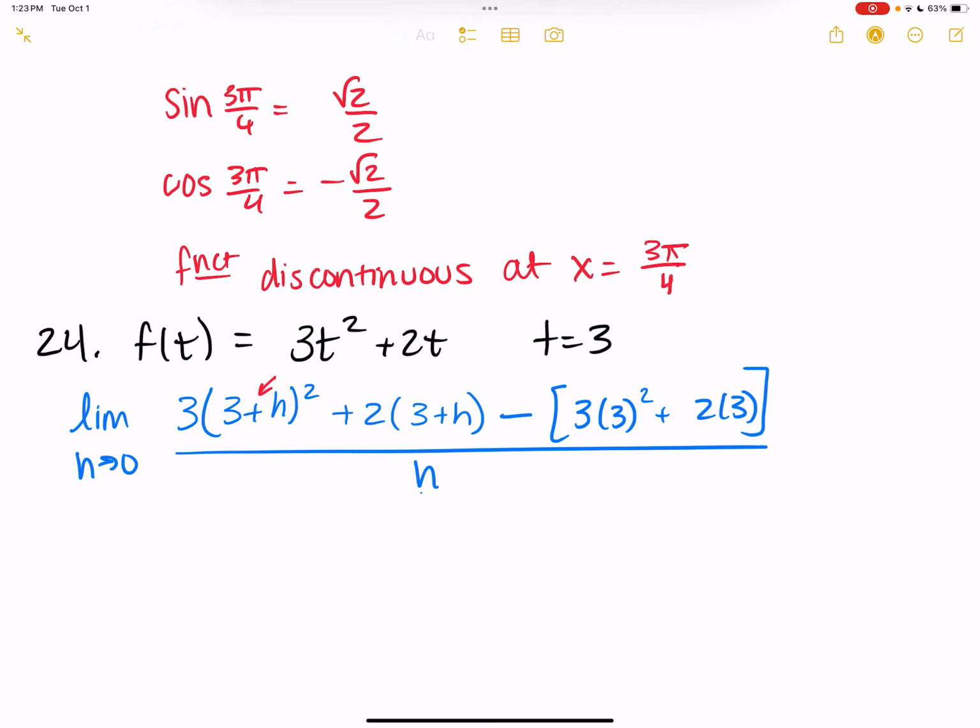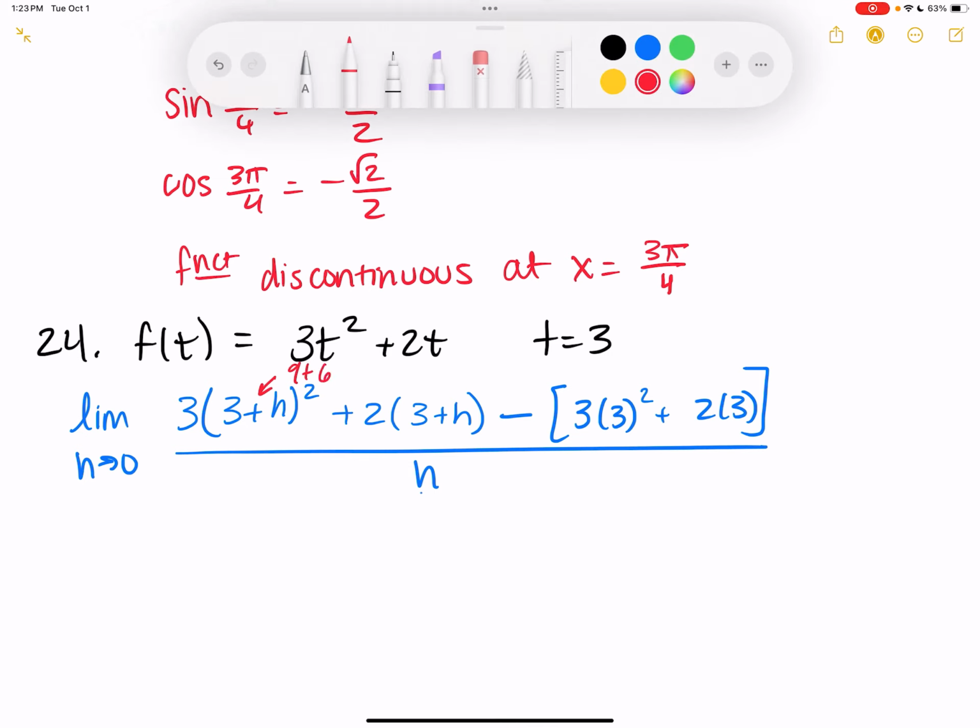So we have 9 plus 6h plus h squared. Okay, there we go. Now, when I do the next line, I can go ahead and multiply by 3. So that's going to be 27 plus 18h plus 3h squared plus 6 plus 2h.